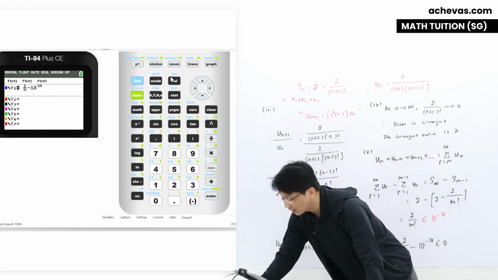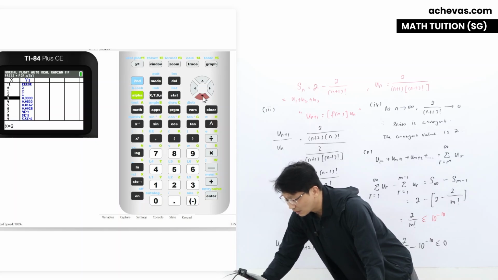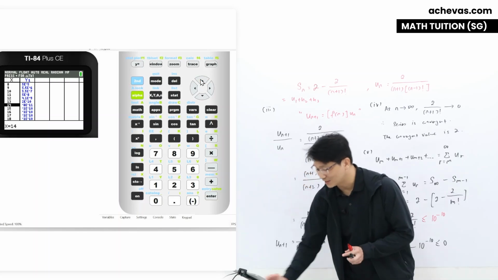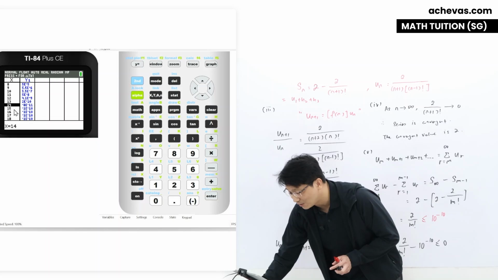Let's press second graph to trigger this table. I'm going to scroll down until I have a negative. We have it here, 14, because the moment the value is 14, it becomes negative.